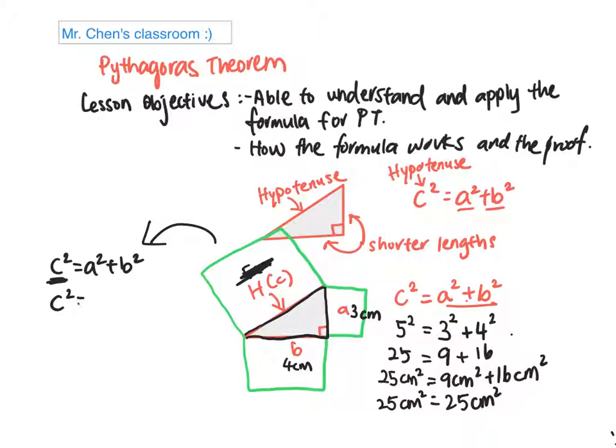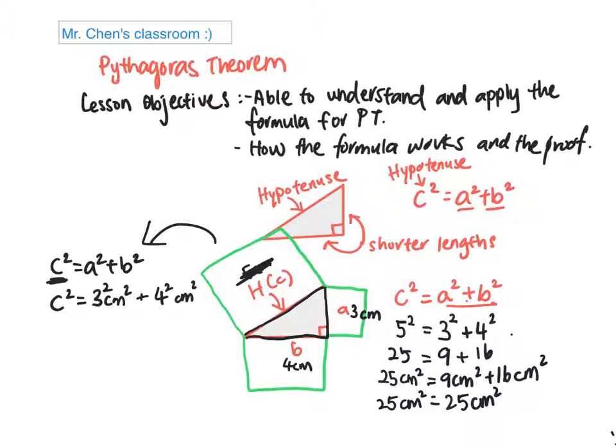So again, c squared is equal to a squared, which is 3 centimeters squared, plus b squared, which is 4 centimeters squared.